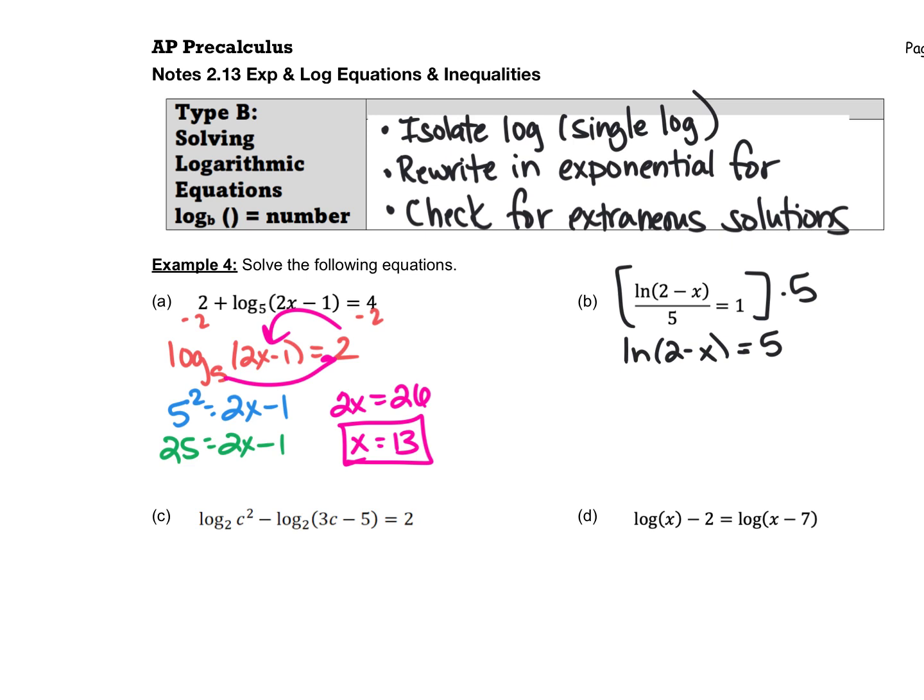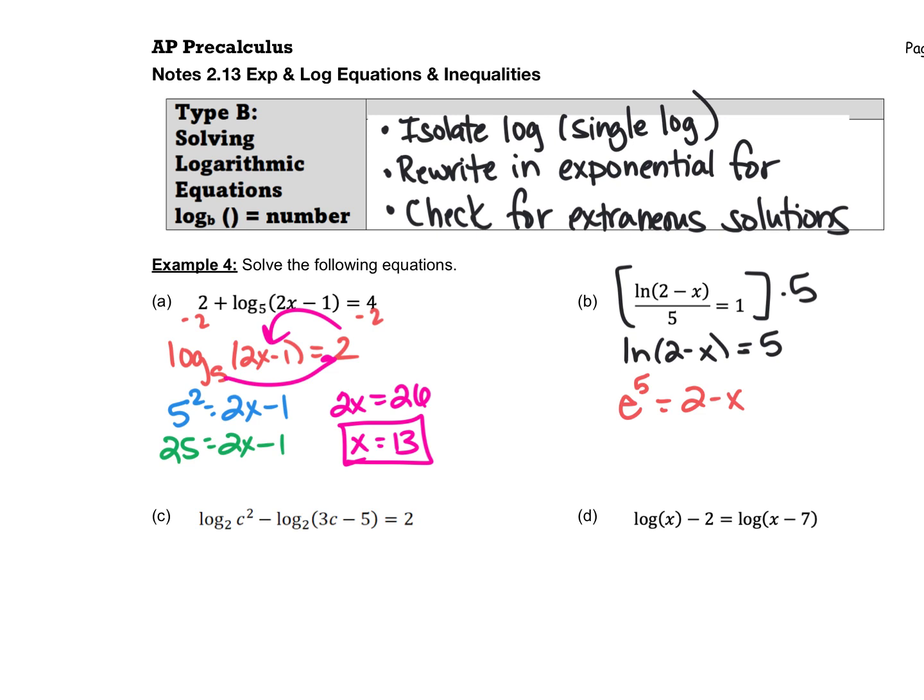Do you have a single logarithm? What's its base? E. When it's ln, the base is e. Logarithms equal exponents, so my exponent of e is going to be 5. And it equals my junk inside.